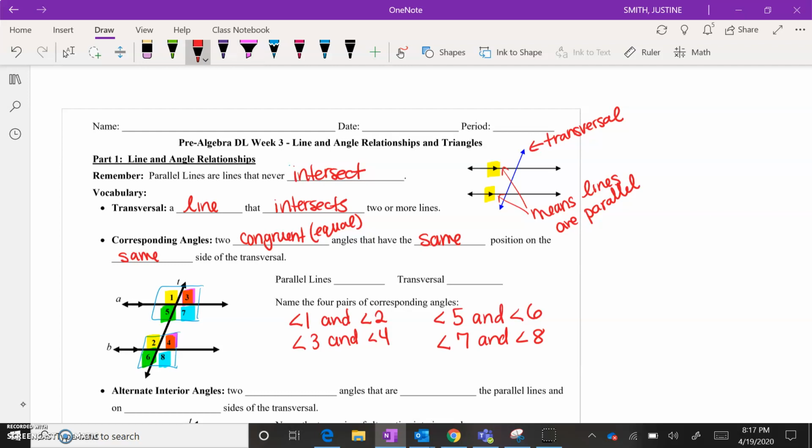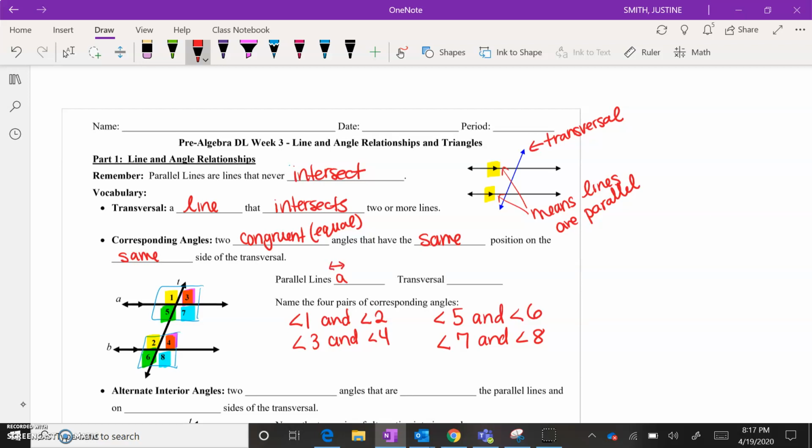Okay, so going back up here, the parallel lines in this diagram, again, look at the markings here. So you see these two markings, these two arrows on these lines. So we know that line A is parallel to line B. So we want to write that using correct notation. So we know from last week that if we're talking about a line, you need to draw a line above it.